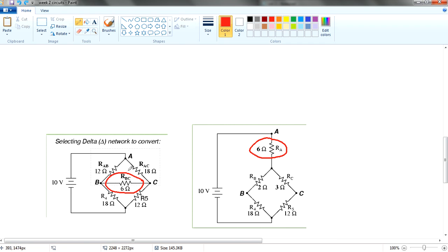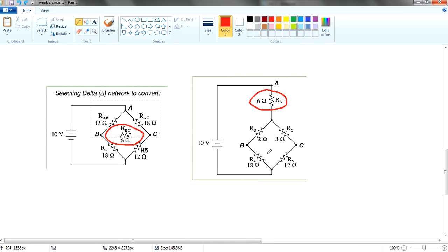Hold on. Maybe this one is actually stating what the 12 ohm and the 18 ohm share. They share the same current or whatever. Anyway, you just bring the 6 ohm out over here and that's it.